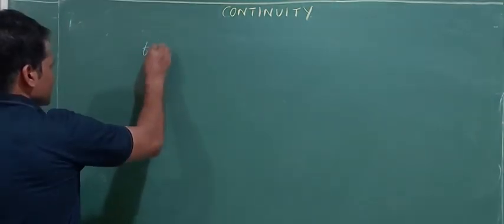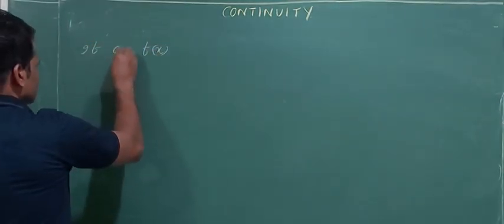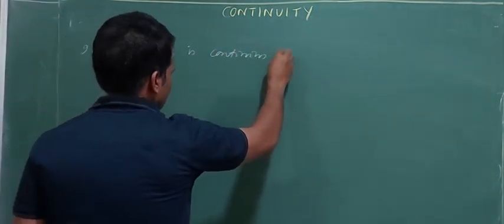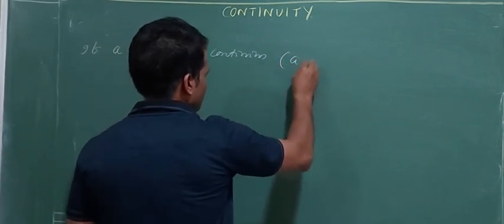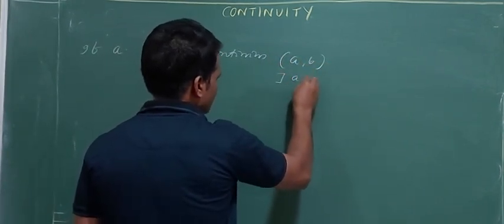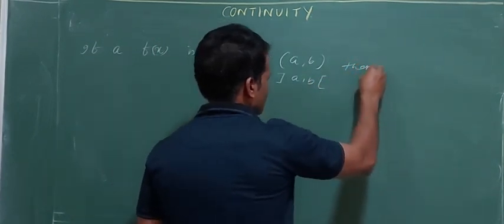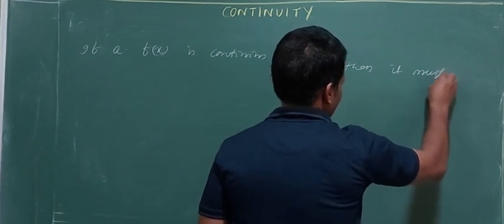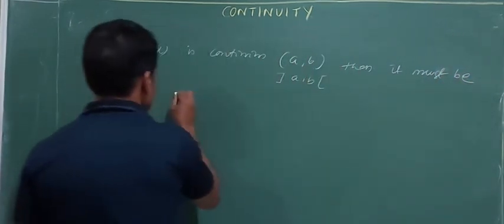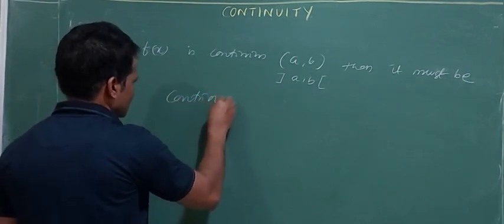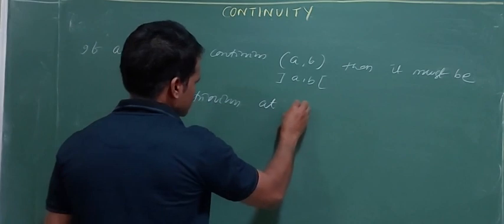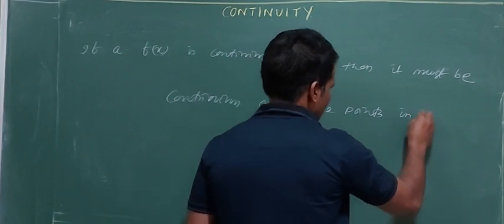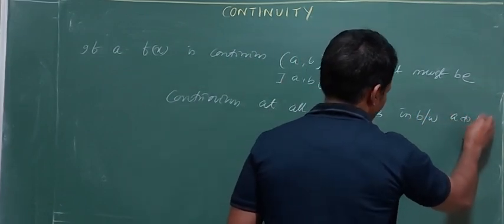If a function f(x) is continuous in the open interval a to b, then it must be continuous at all the points in between a to b.